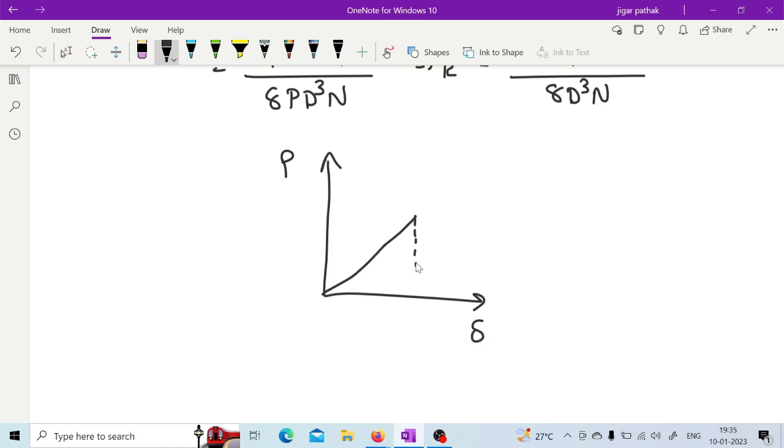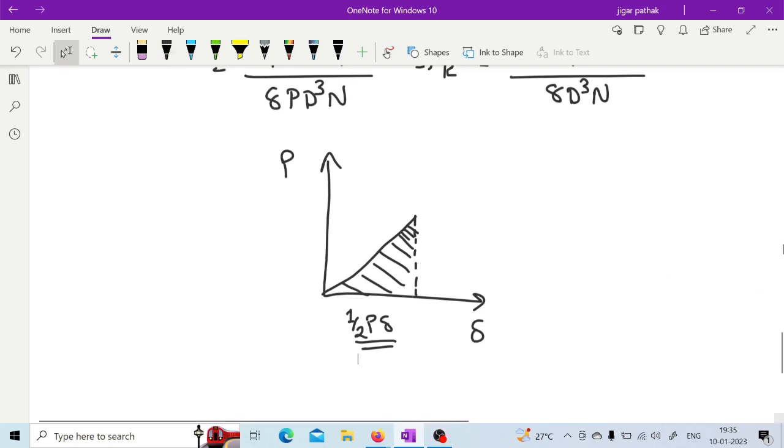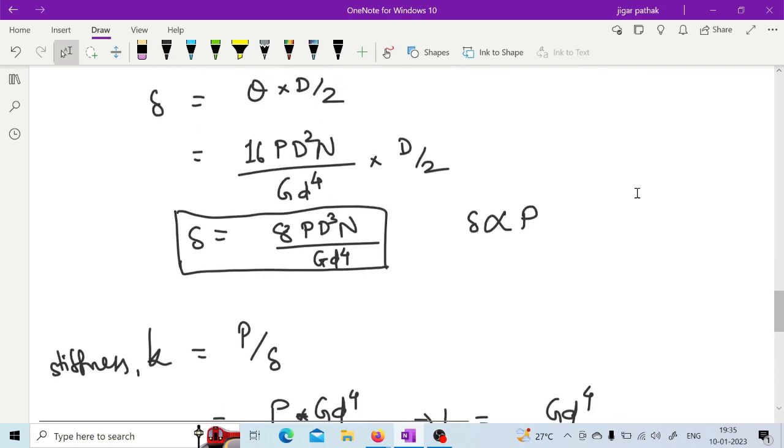So the strain energy stored is given by this area, and this is a right angle triangle, so your area is nothing but 1/2 P into delta. So this is the strain energy stored in your spring. This is how you have the various design related equations in the design of a spring.